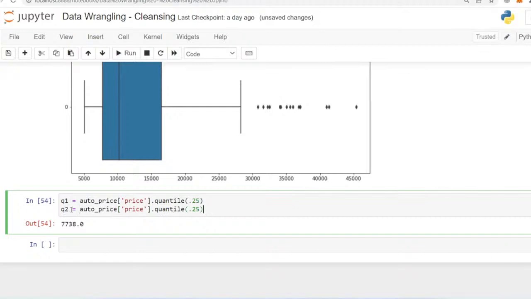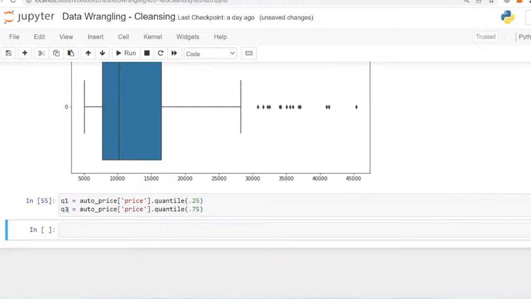What is my Q2? How much percentile, participants? Q2, 50th percentile. And quartile 3, 75, so 0.75. We need these two, and with the help of them we can calculate our outliers.